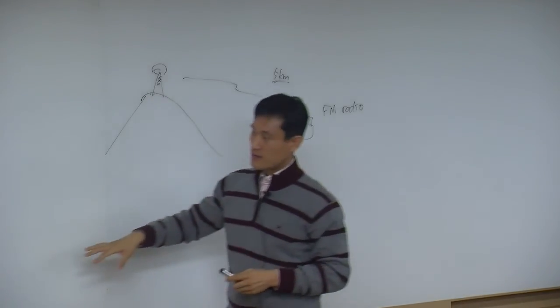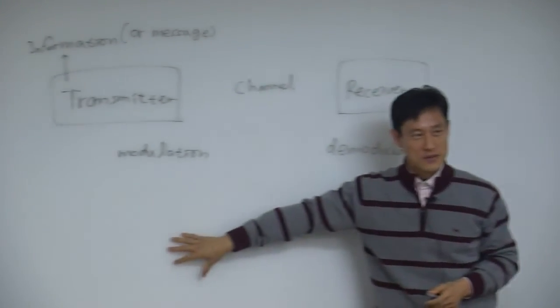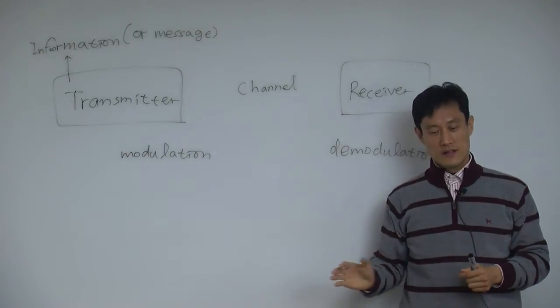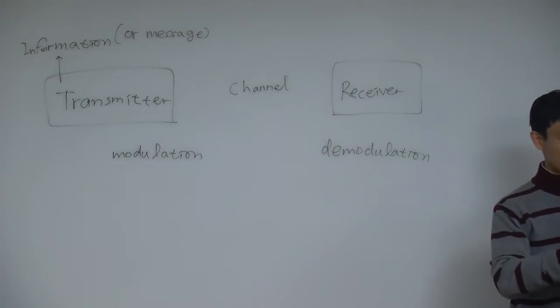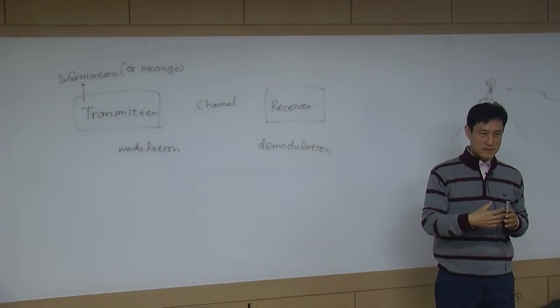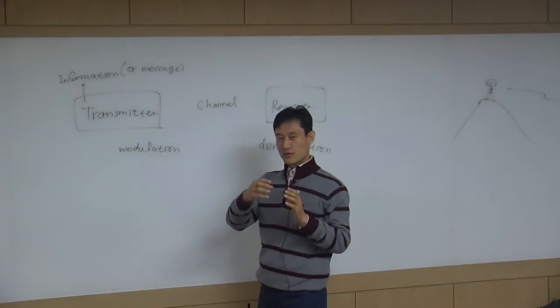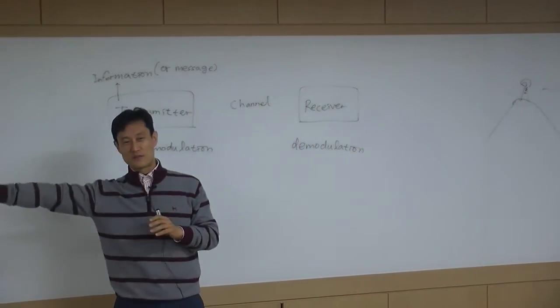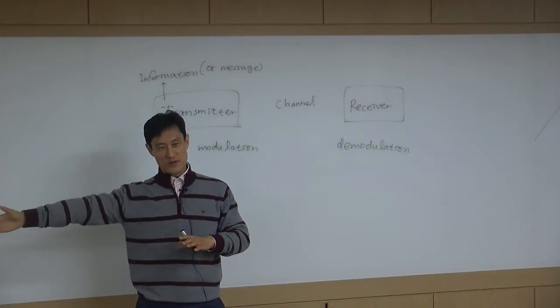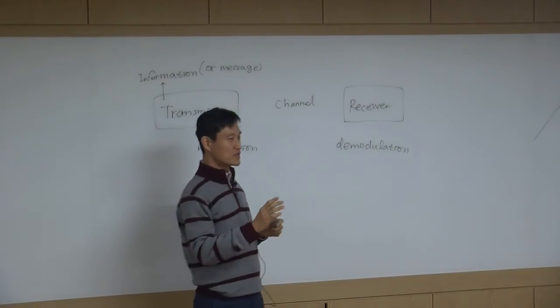Think about another example. There's a submarine here, right? Let's say underwater we want to do the same thing. In the submarine, we play music, and we want to deliver this music to another submarine underwater, 5 kilometers away. What modulation do you need?